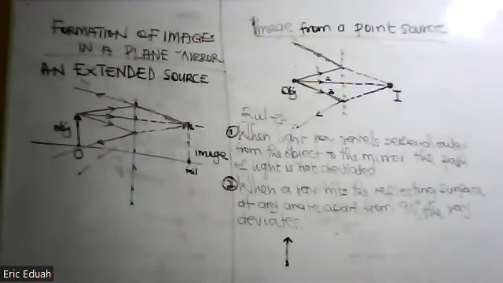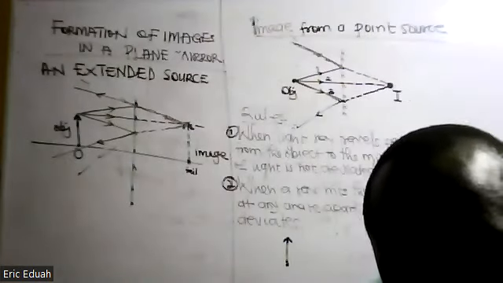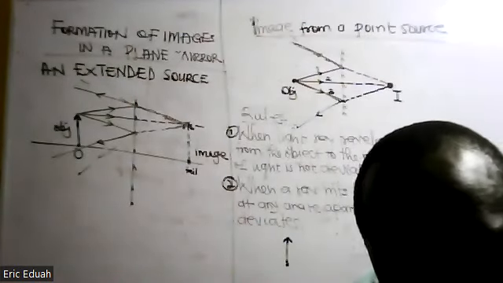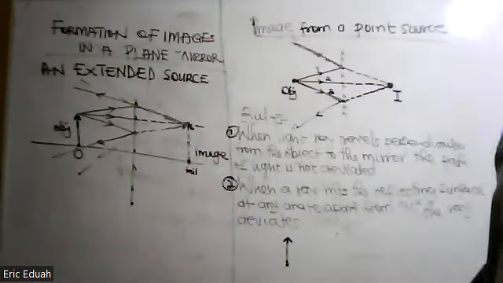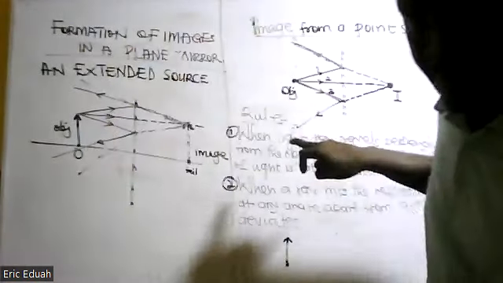Mr., please, I have a question. Ask your question. But can't you just measure the distance between the point O and the head, then transfer the same thing, since this side is also 5 centimeters? That is easier. Yes, you can do that, but you have to explain it further using the ray diagram.